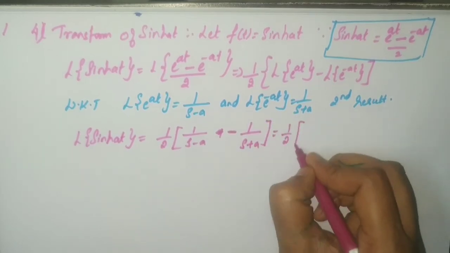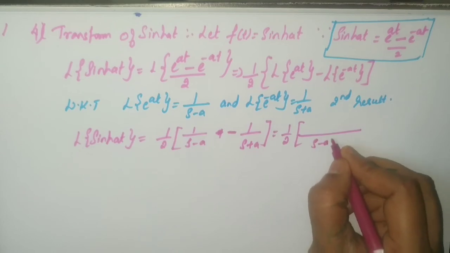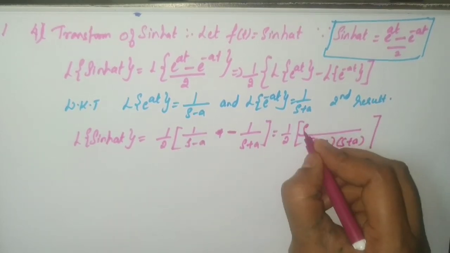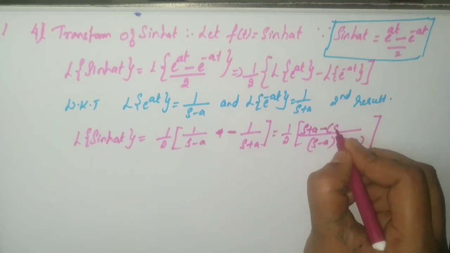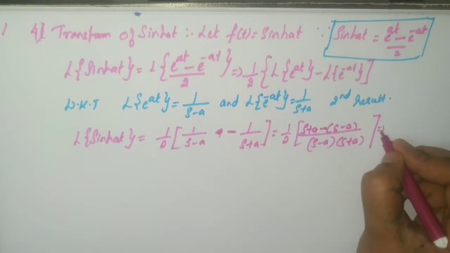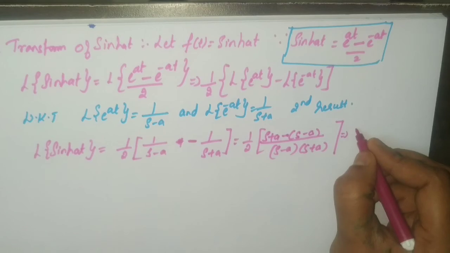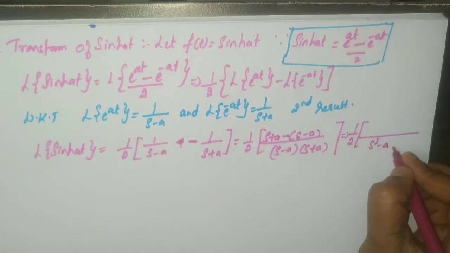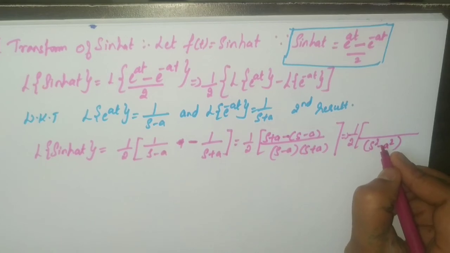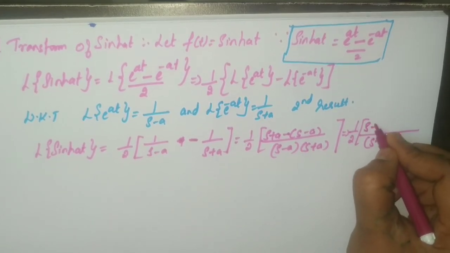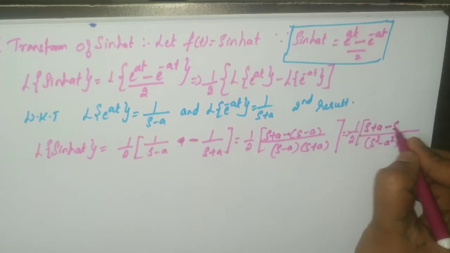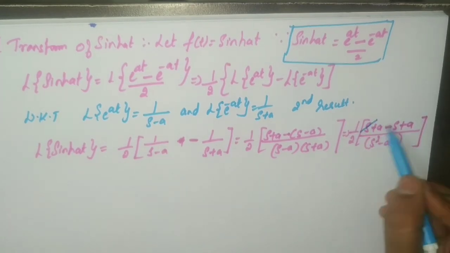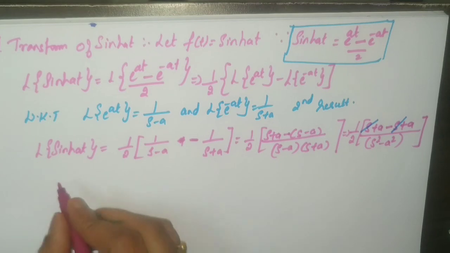Take LCM, so it's 1 by 2 into s minus a into s plus a. Cross multiply: s plus a minus of s minus a. Open up the bracket. Denominator, you can see it is of the form a plus b into a minus b, so I can write it as a square minus b square. Numerator, I am opening up the sign, so it's s minus s minus of minus plus a. You can clearly see s cancels out.